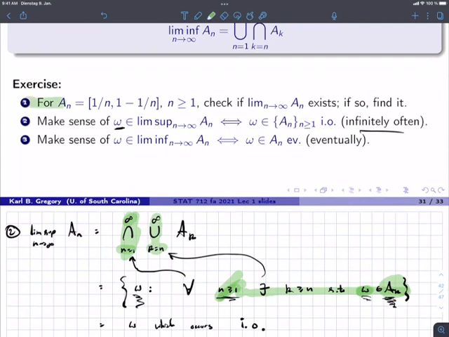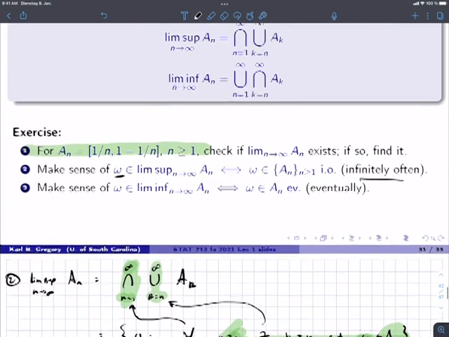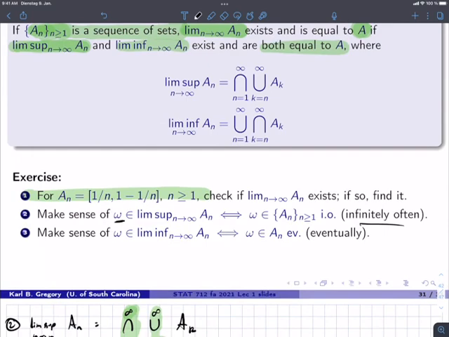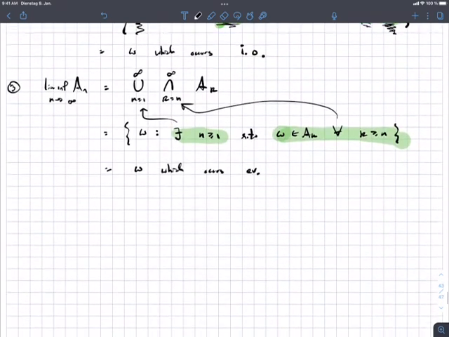Now let's just do a quick example to try to compute the limit, if it exists, of a sequence of sets. So my sets are like this. This is A_n.